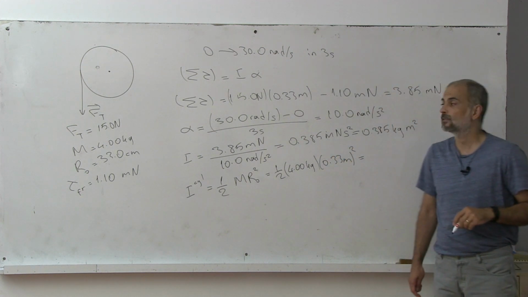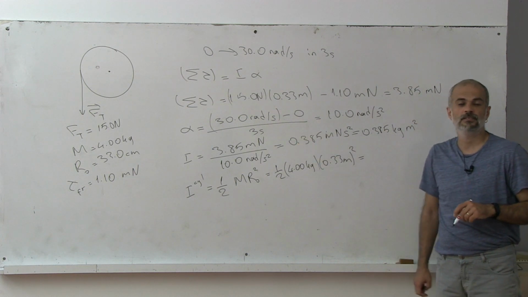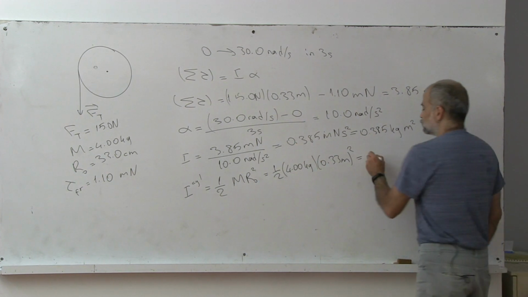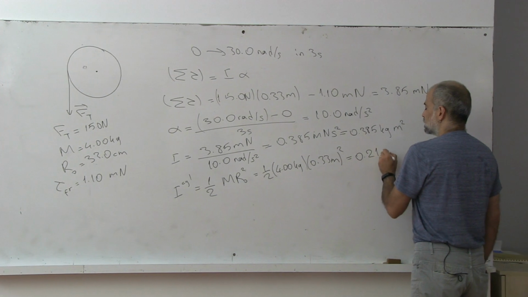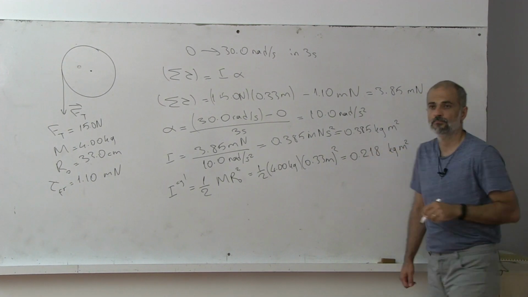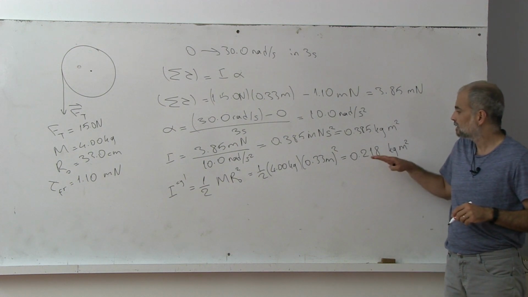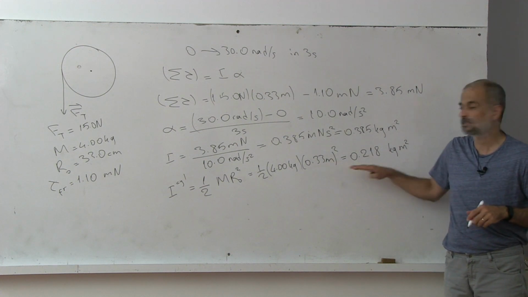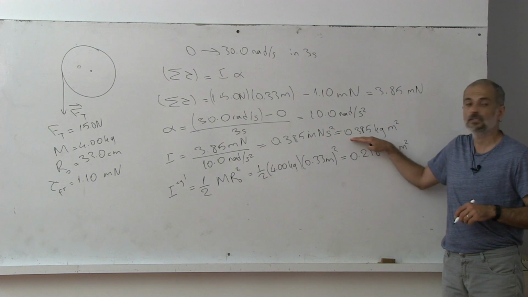So for a cylinder with the same mass and the same radius, the moment of inertia would be 0.218 kilograms meter squared.